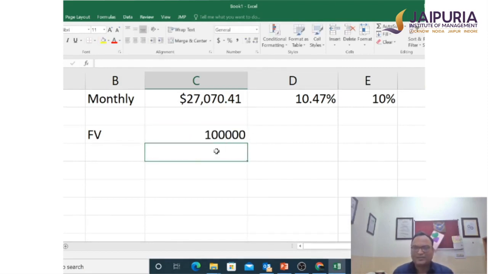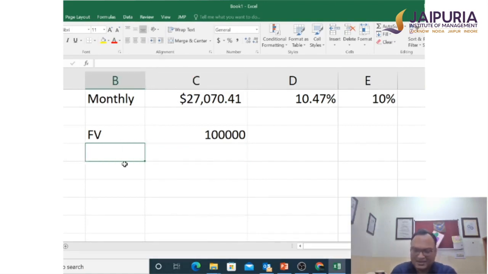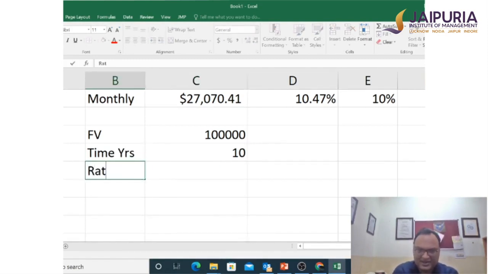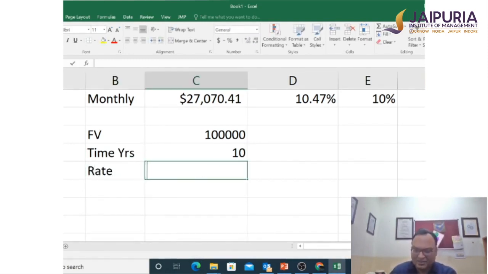Time is in years, so this is 10, and the rate of interest is given as 10%.